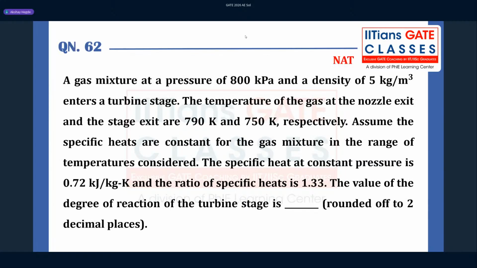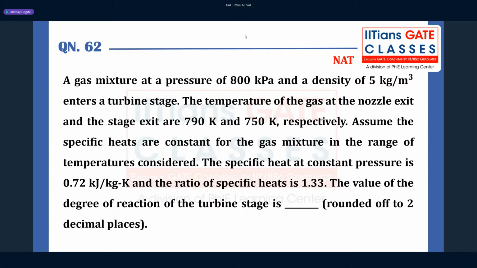The next question: we have a gas mixture at a pressure of 800 kilopascal and a density of 5 kilograms per meter cube that enters a turbine stage. The temperature of the gas at the nozzle exit and the stage exit are 790 Kelvin and 750 Kelvin respectively.